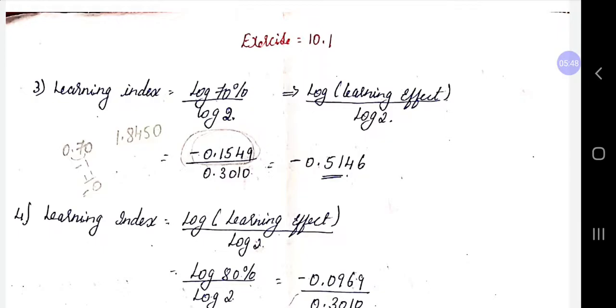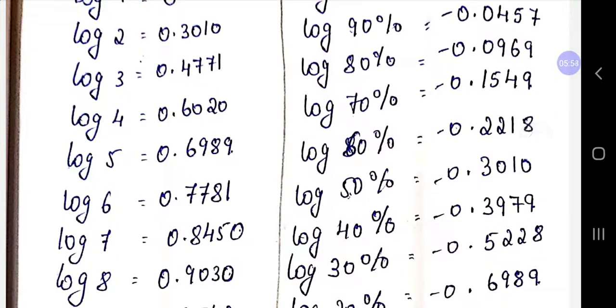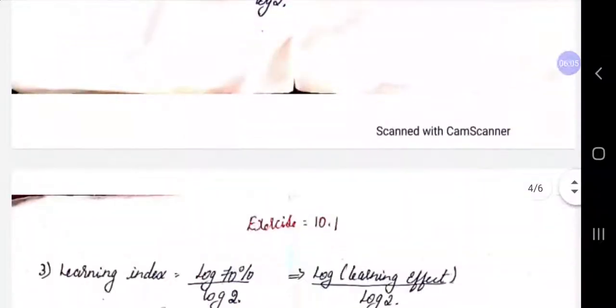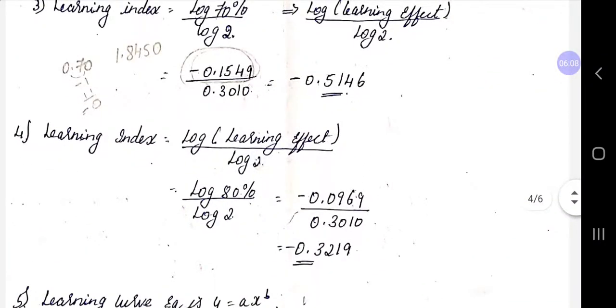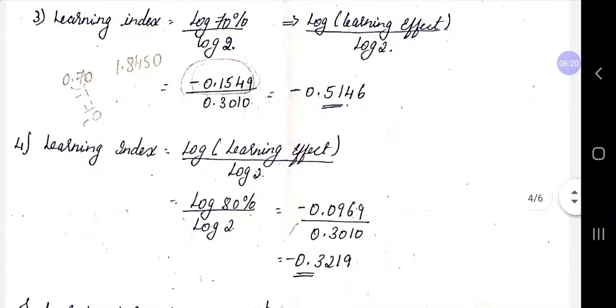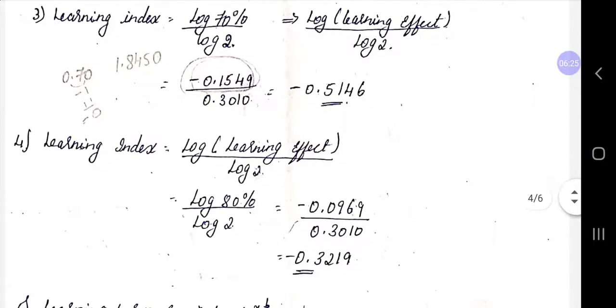Here log 70 percent is minus 0.1549, and log 2 is 0.3010. When you divide, you will get minus 0.5146. Your learning index is minus 0.5146.